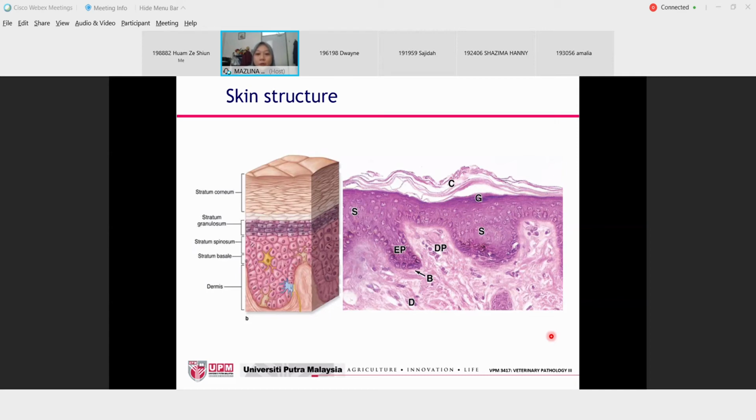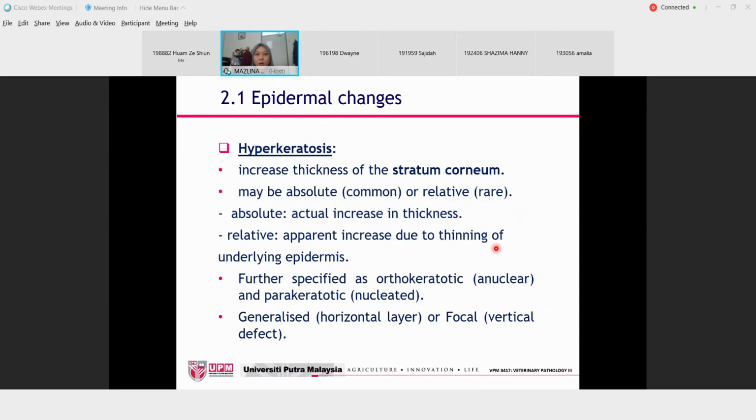Please remember the epidermis consists of a few strata, stratum corneum being the outermost layer, followed by the stratum granulosum, stratum spinosum, and the innermost layer of the epidermis is the stratum basale. Okay, so what are the epidermal changes that you might see?